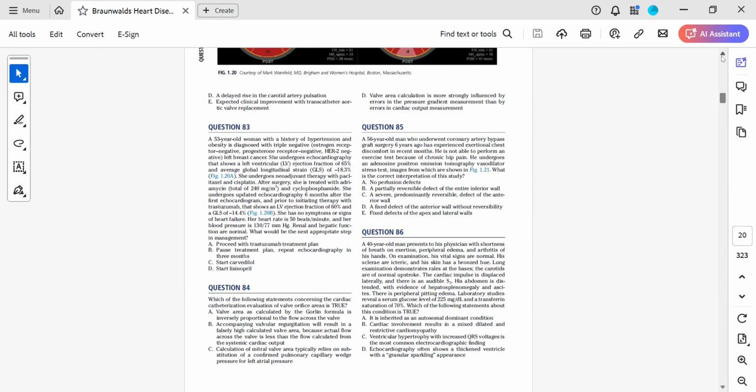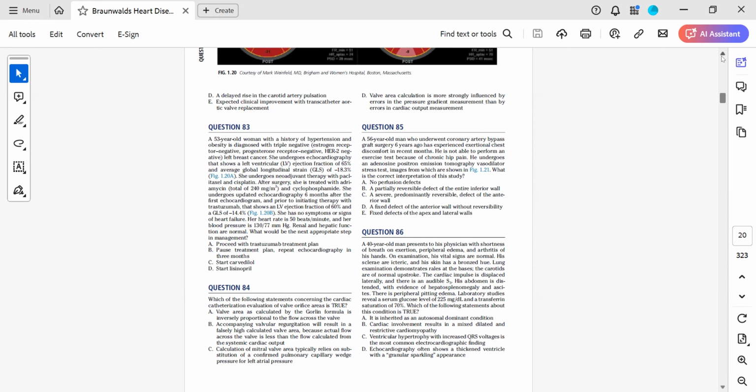So when you have situations in which there may be reduction of flow, for example, where there's LV dysfunction, which will reduce the flow, there's not enough pump activity of the heart, the flow across that valve is going to be reduced.